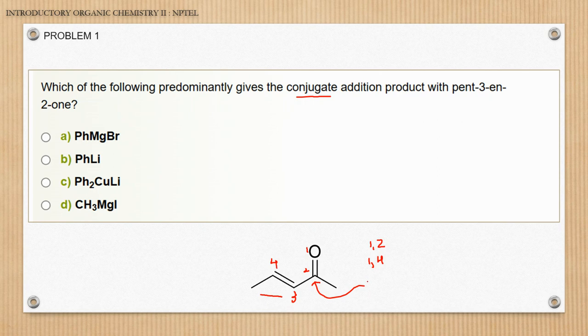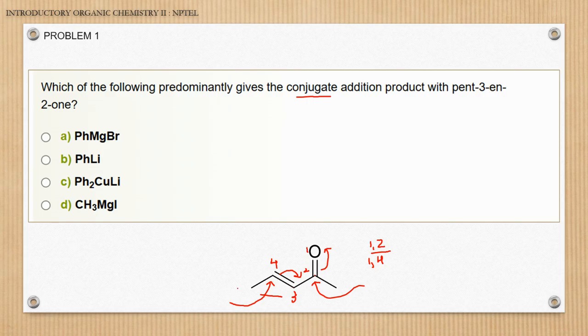If the nucleophile is adding from this carbon, then it is 1,2 addition. And if the nucleophile is adding on this carbon, then this bond will migrate here, and then this will migrate here to give you an alpha beta unsaturation at the 2,3 position, right?